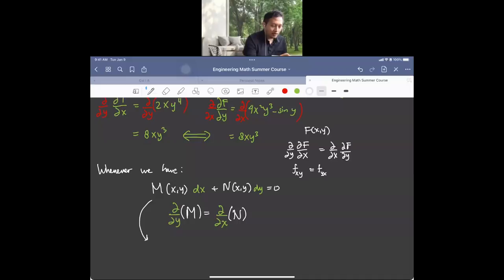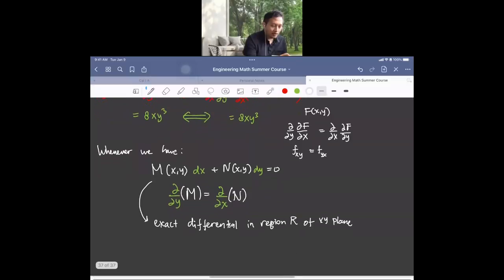So this is said to be an exact differential in some region R of the xy plane if it corresponds to the differential of some function.